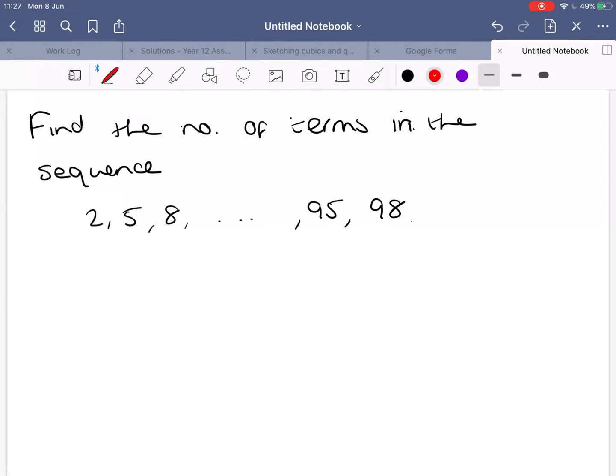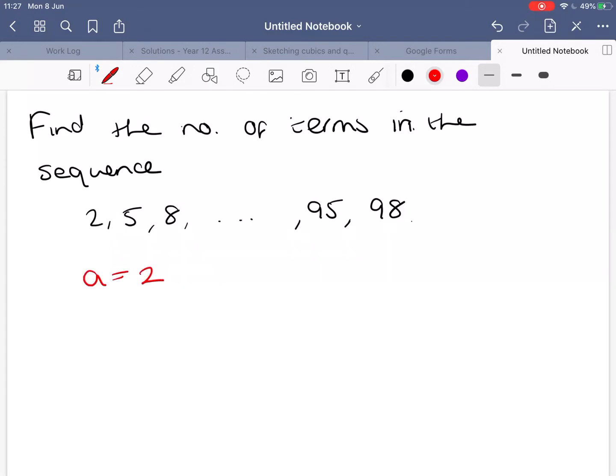There's a couple of useful things that we need to be able to do, and one of them is to find how many numbers are in the sequence 2, 5, 8, all the way up to 95, 98. Well, I always start off with these sorts of questions, whether it's arithmetic sequences or geometric sequences, which we'll do in a couple of lessons, the same way. I write down what I know.